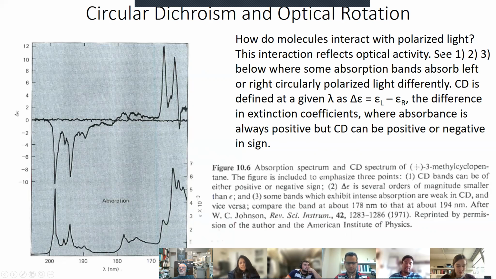Okay, and so this particular technique is sensitive to the structure, but it's sensitive in a complicated way. It's not just that it might be positive or negative peaks, it might also be weak or intense. And so there's information in a CD spectra that gives you information about the symmetry of the structure in the macromolecule.